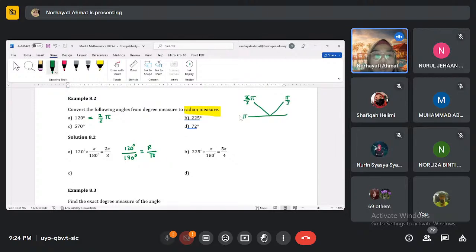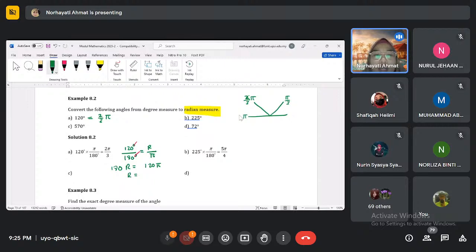We get, the unit can be crossed out, dah habis unit dia. So tinggal unit dalam radian, dalam pi. So angle in radian is equal to 120 over 180 pi.